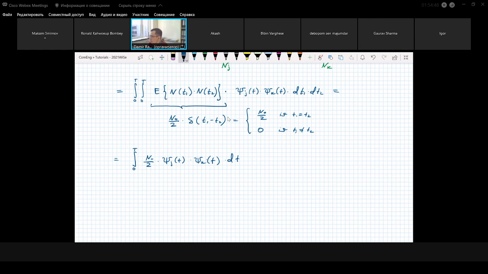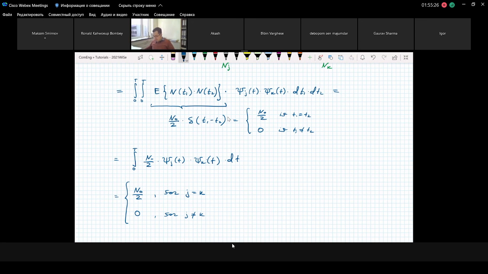But if j equals k, then the result will be equal to 1 because basis functions are orthonormal and their energy equals 1. So this result will be N0 over 2 for j equals k, when you just consider the same basis function, and it equals 0 for j not equal to k.